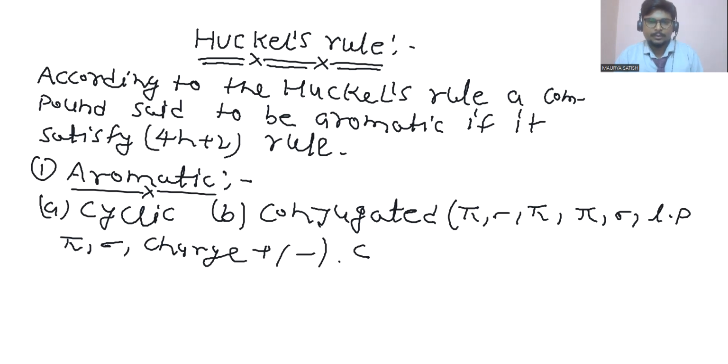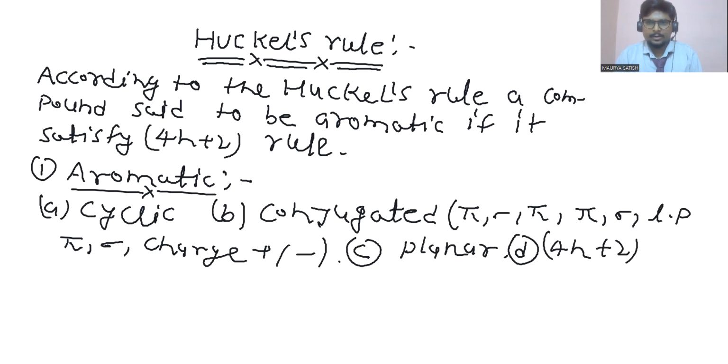Third one is the compound should be planar. And the last one for aromaticity is that it satisfies 4n plus 2 pi electrons. So if you put n equals 0, you will get 2 pi electrons.